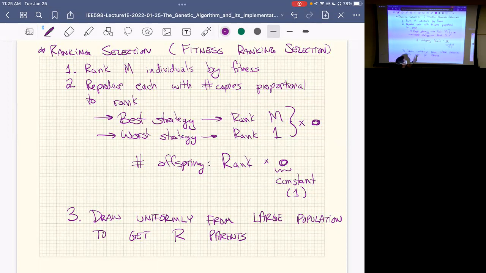Regardless of how much better the best strategy is than the second best strategy, it will work the same way. So this has far less selective pressure. This really has damped selective pressure, so it promotes exploration.